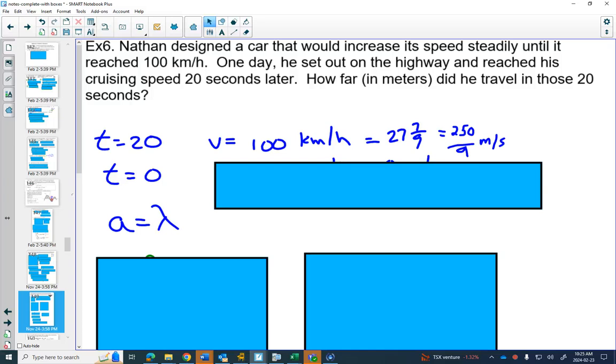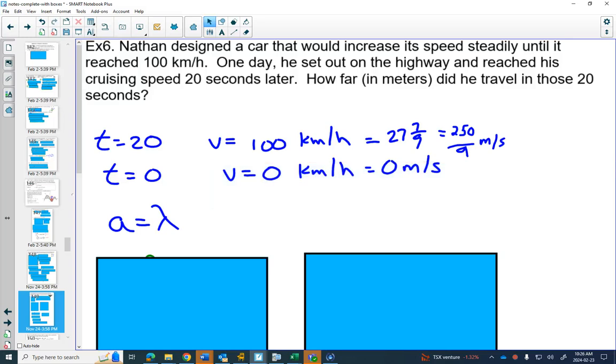Then 100,000 meters in 1 hour means that you've got 100,000 meters in 60 minutes. So you could divide by 60, and then you would have how many meters per minute that you're going. And then in each minute, there's another 60 seconds, so you have to divide by 60 again. So we get that we're going 27 7/9, or 250 over 9 meters per second.